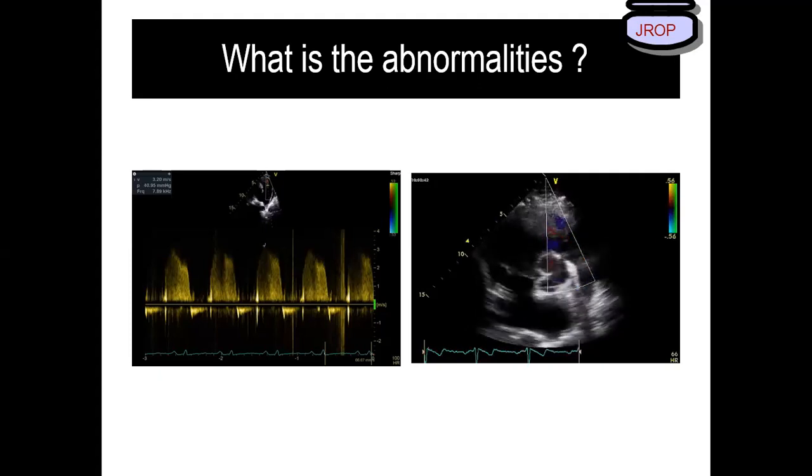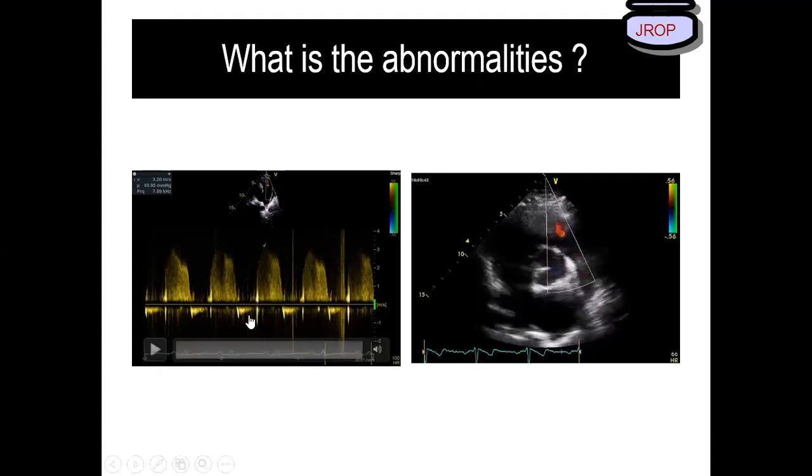Pulmonary regurgitation, sir. What do we see on the left hand side with pulmonary regurgitation? We are seeing a regurgitant flow pattern. And I have marked this in the early diastolic phase. What is the importance of this marking and why have I done this?